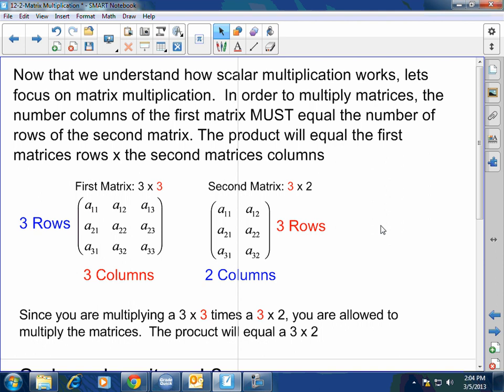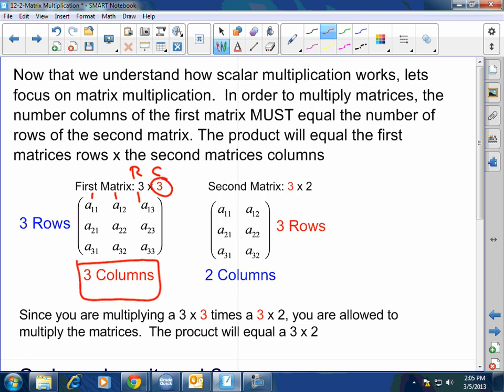Let's first talk about how we realize whether or not they can be multiplied. The columns of the first one have to be equal to the rows of the second one. Notice how I made this in red. Remember that this is rows, columns. The columns, there's 1, 2, 3 columns, must equal the rows of the second one. There's 1, 2, 3 rows. So 3 columns, 3 rows, you can go.